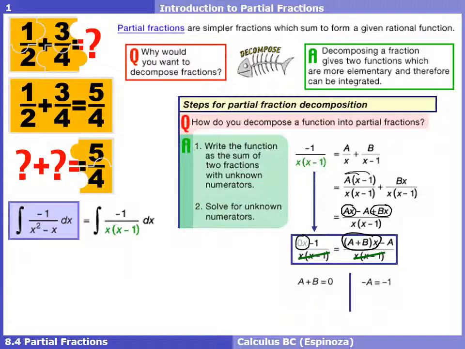So we know that those coefficients in front of the x's are equal to each other. So of course we can just put a plus b equals 0. Our constant terms also have to be equal to each other. Remember, this is an equation, so all of this has to be equal, which would mean our constants have to be equal. -1 would be equal to -a.